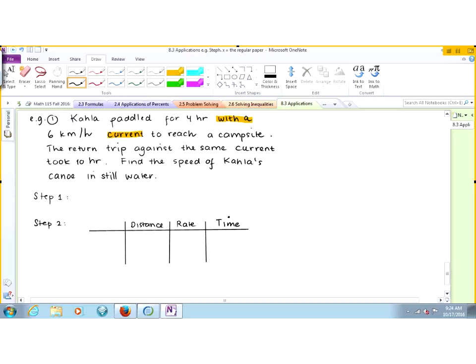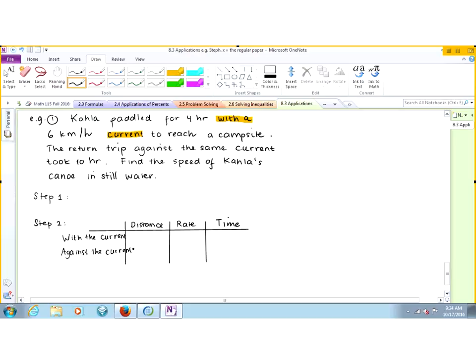What is the formula again? Distance equals rate multiplied by time. Now, there are 2 occasions here with Kayla. The first one is she goes with the current, and the second one is against the current.